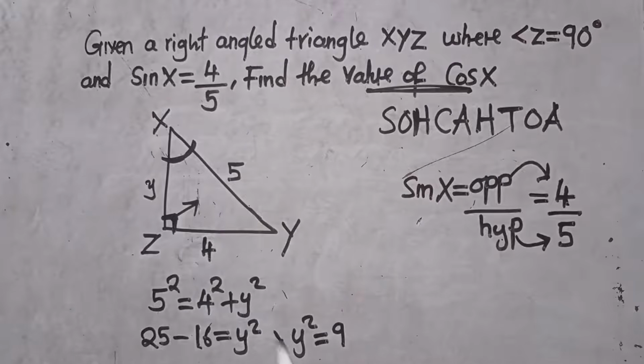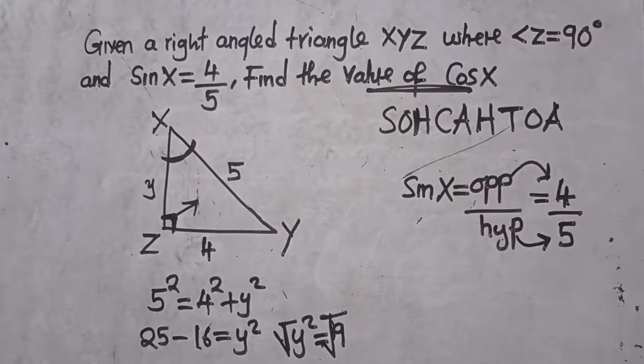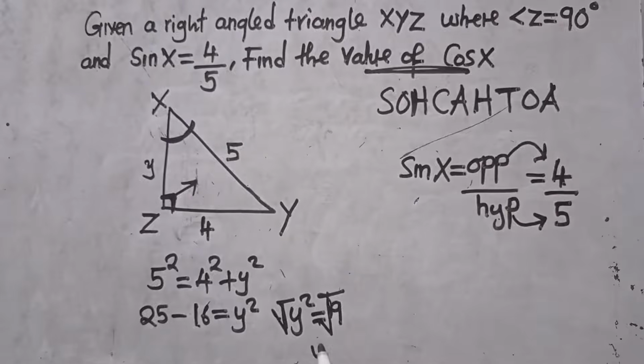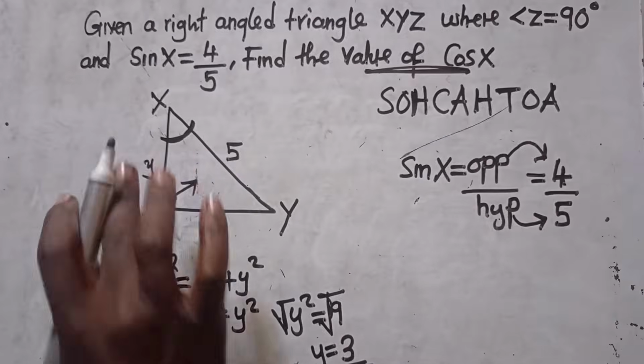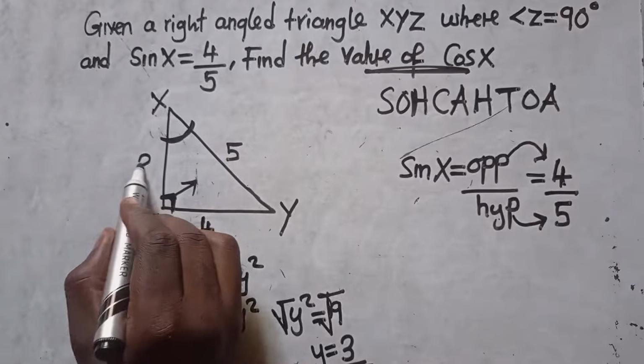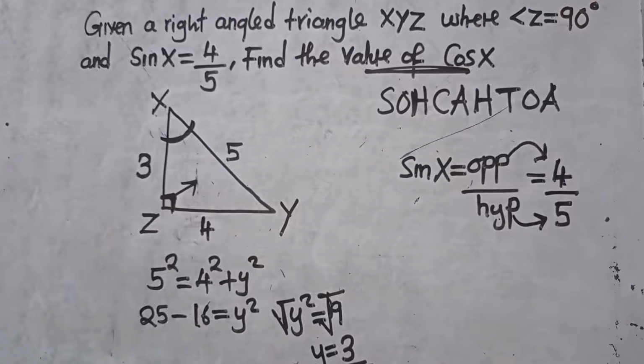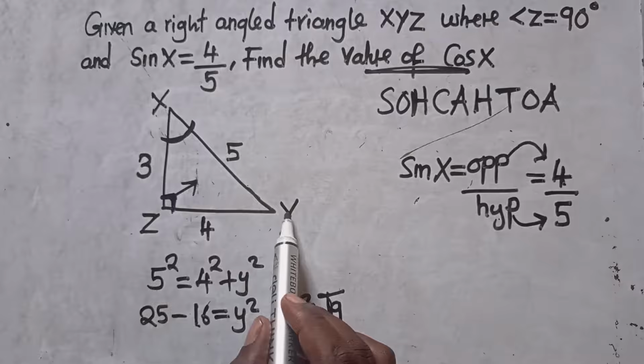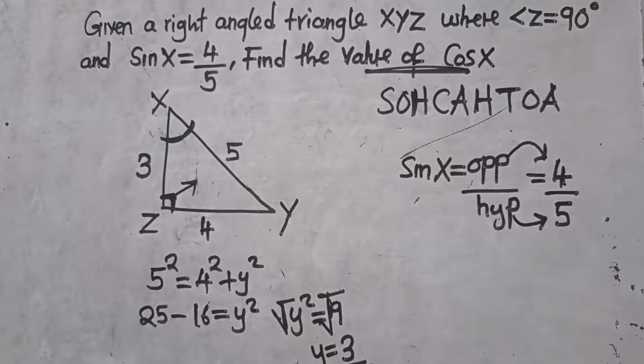Introduce the square root on both sides, so y is equal to 3. So here we put a 3 there. Even if you put x here, you are still going to find the same answer.